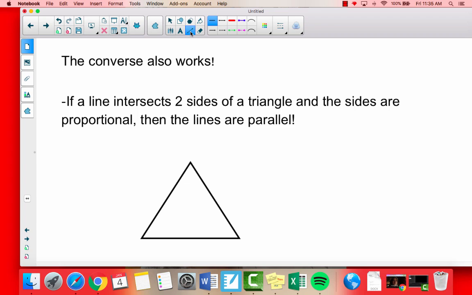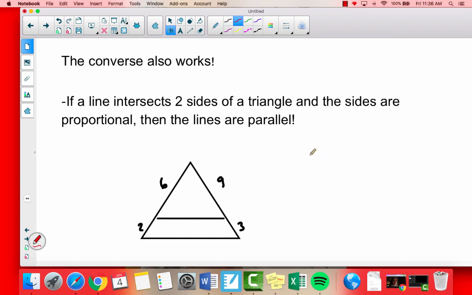So in this case, I could tell you that the sides are proportional, and that might look something like this. Maybe I tell you that this is 9 and 3, and maybe I tell you that this side is 6 and 2. Obviously not drawn to scale.